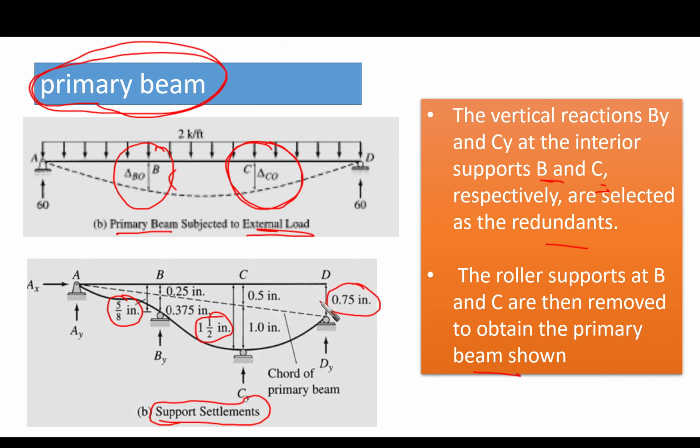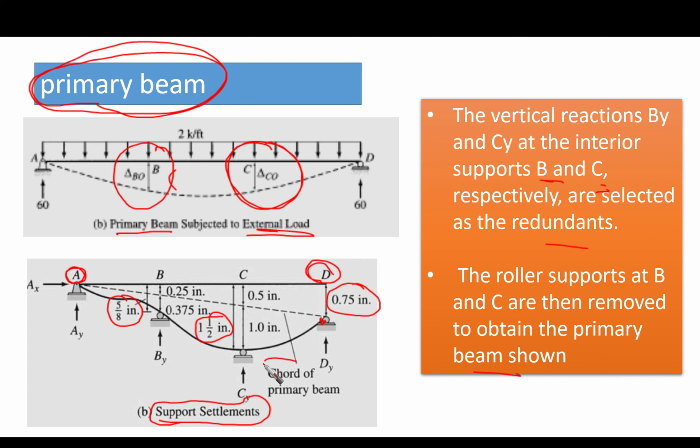Okay, so what we're going to do is draw the chord line connecting point A, the first point at the left, and point D, the furthest right point. This is the dotted line here.